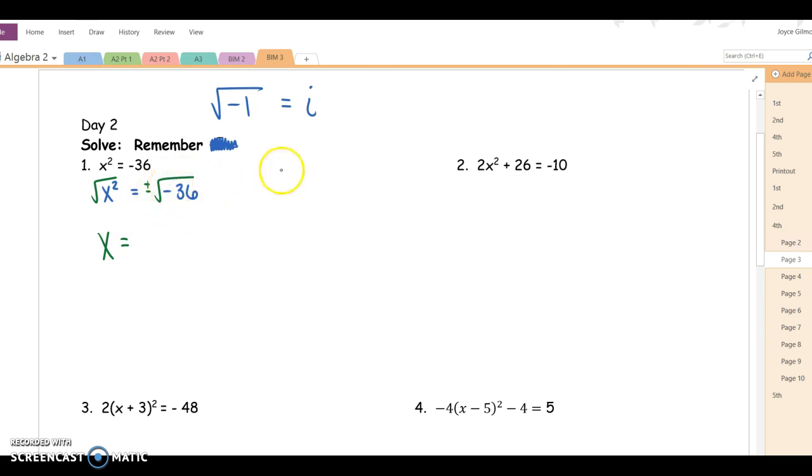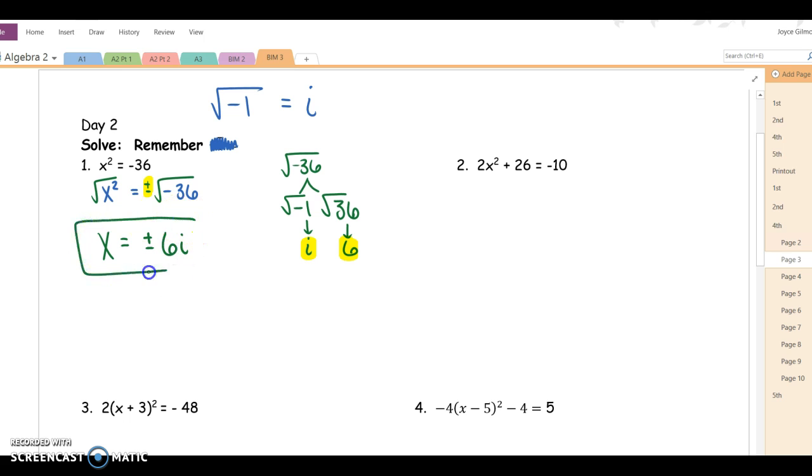On the right side, we need to take the square root of negative 36 and simplify it. It would break into the square root of negative 1 times the square root of 36. The square root of negative 1 is i, and the square root of 36 is 6. So x equals, don't forget about your plus minus, plus minus 6i.